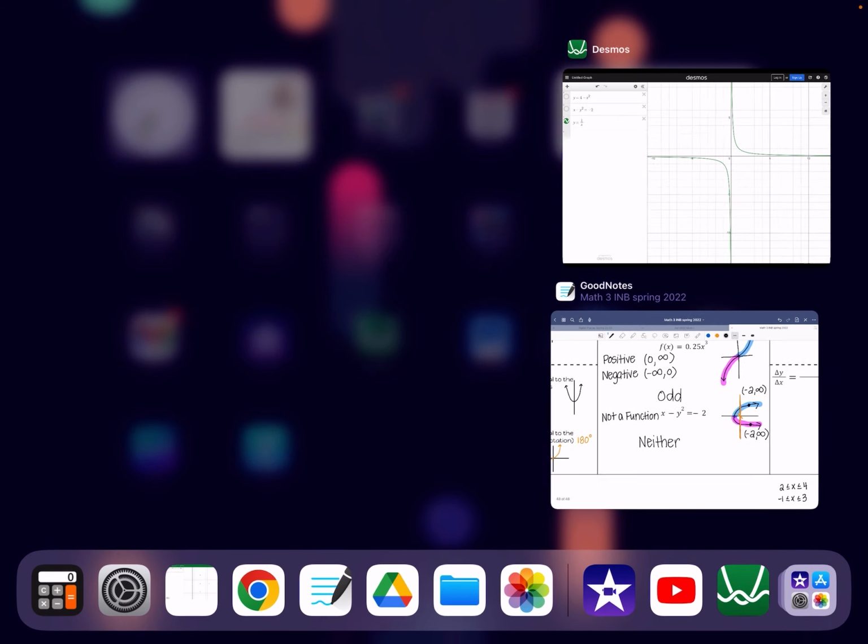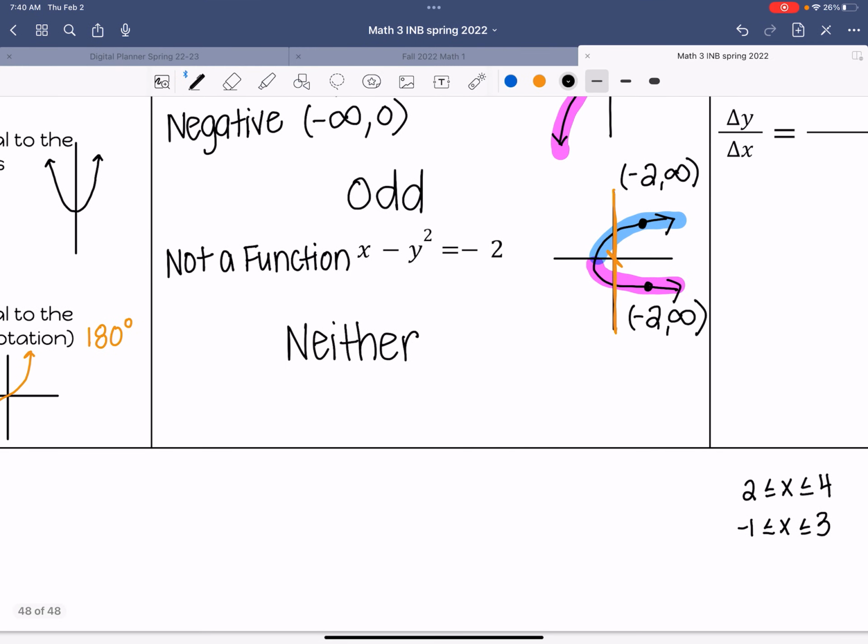If I drew a general sketch down here, I have these two graphs, they don't touch the origin because there are some asymptotes there, but I can determine that if I were to take this piece and rotate it, it would land on top of this other one.